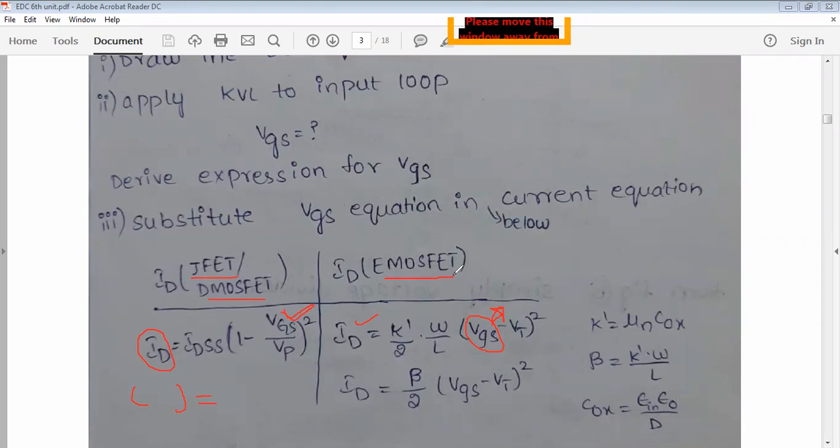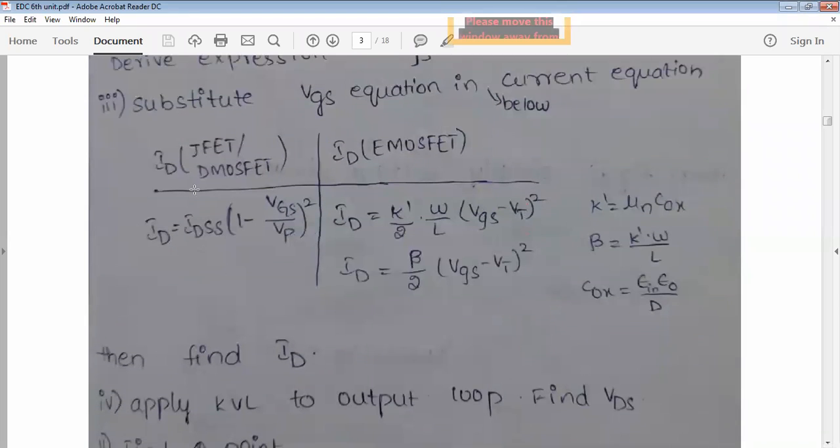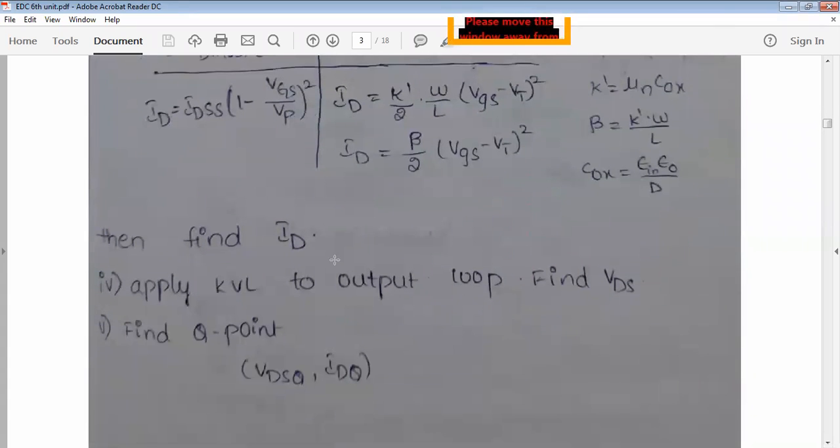If it is an enhancement mode MOSFET, replace VGS with the VGS KVL equation, then find ID. Remember this one. Then after that, from here, we can easily calculate VGS and ID.